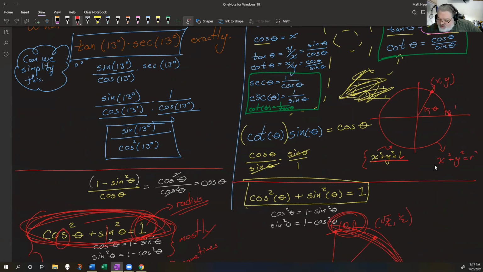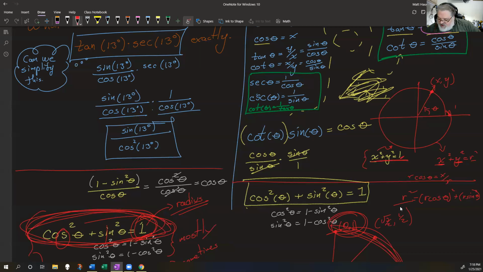But we couldn't replace this x and this y with cosine and sine anymore, because off the unit circle, cosine is equal to x over r, right? So if we wanted to replace that x, we'd have to multiply the r over and say that x is r cosine theta squared plus r sine theta squared equals r squared.